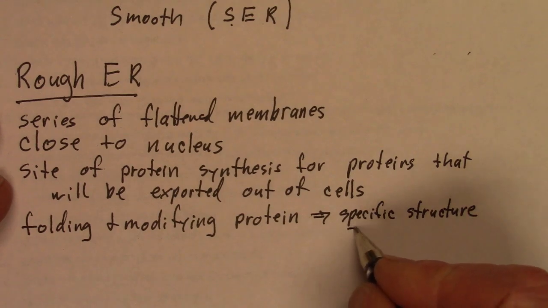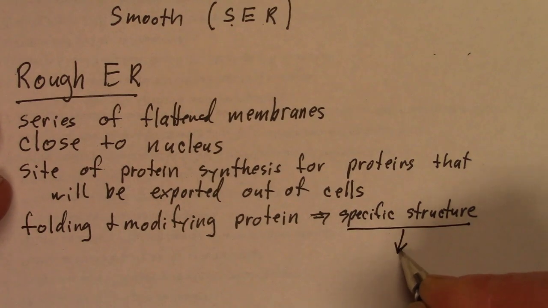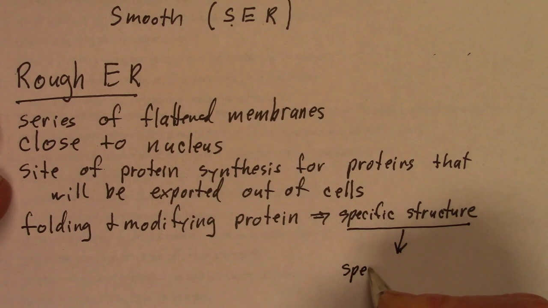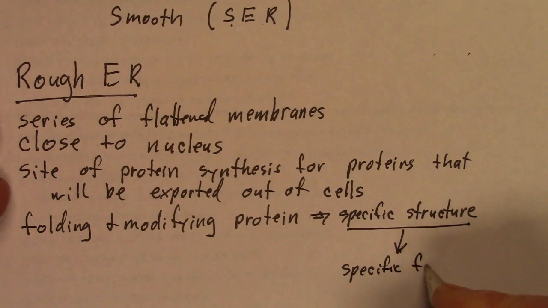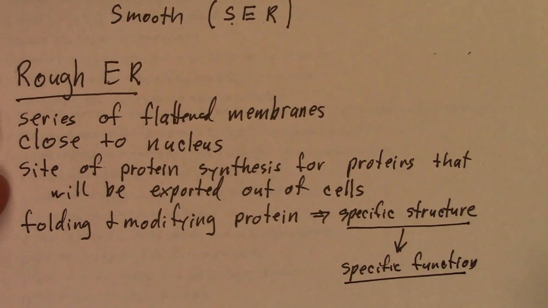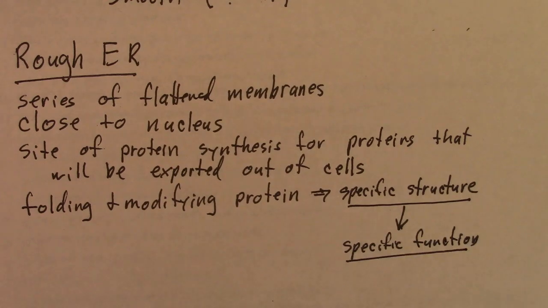If it has a specific structure, that gives it a specific function. So the shape of the protein is everything. And that shape gets built in part by the rough ER.